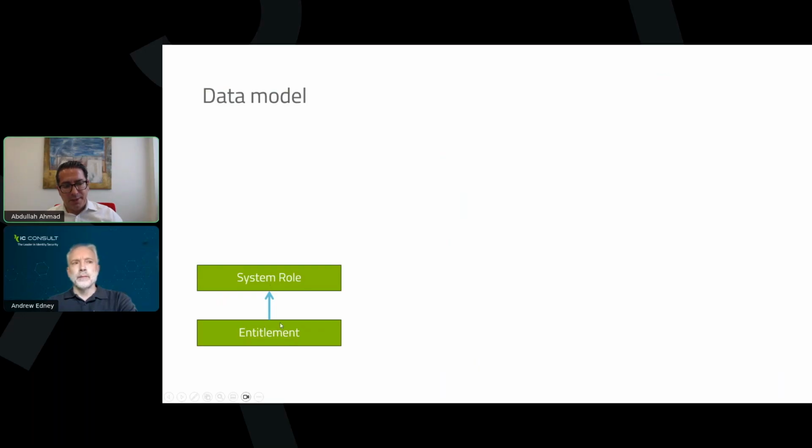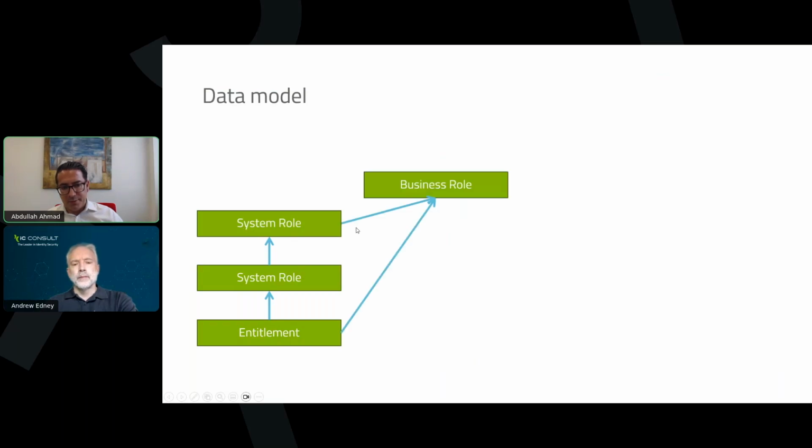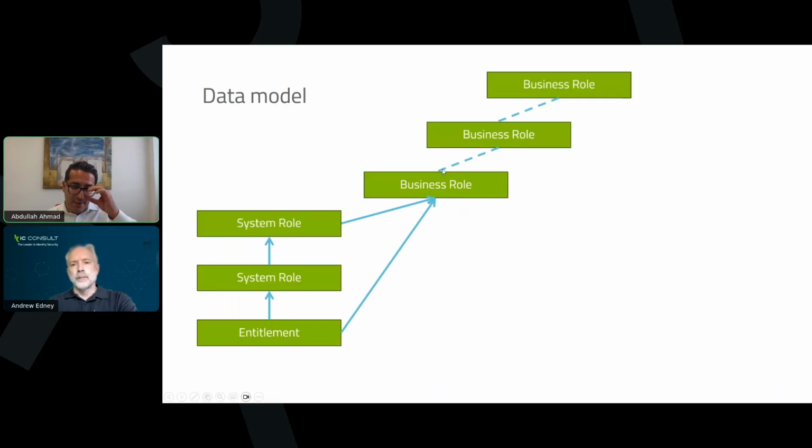Entitlements could be part of the system roles. A system role can contain another system role. And system roles and entitlements can be assigned to business roles. And business roles can be built hierarchically. The hierarchy can be top-down or bottom-up inheritance.